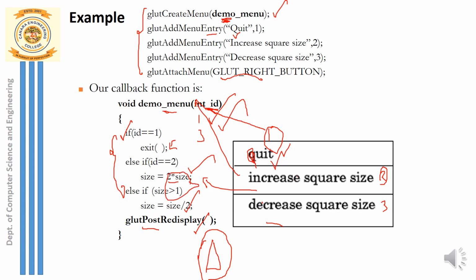Or if you want to decrease the size, you click on the third option. ID 3 is returned and the third condition is true. After you call the display function, the triangle is redrawn on the screen, but this time its size is reduced. That is how you have to call the display function again and again in order to redraw the graphics. I hope this menu option is clear.